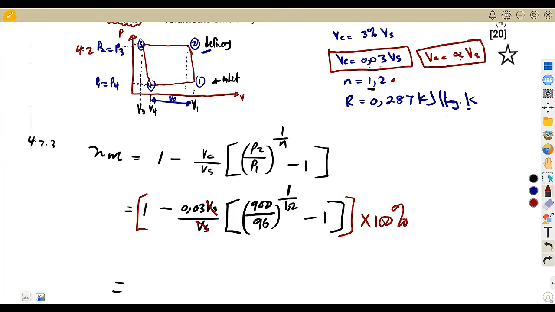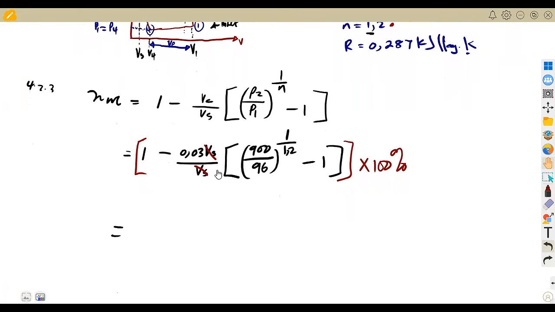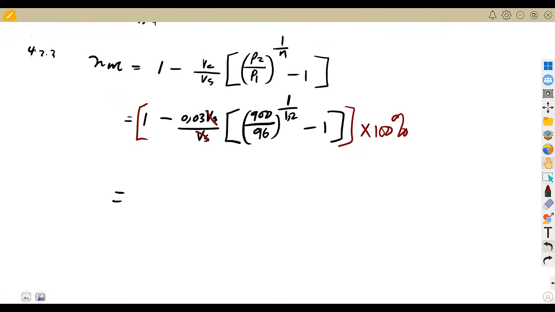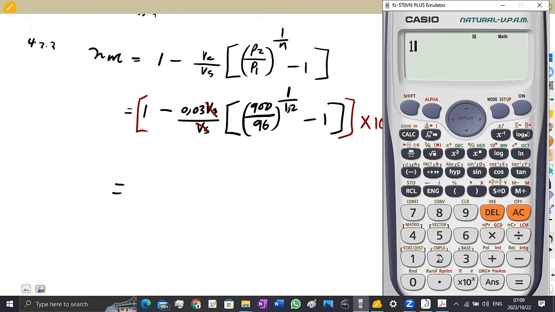So just use your calculator as it is on this display. I'm going to use the calculator here. This is what I'm trying to say. On our calculator, let us have 1 minus 0.03, open the bracket, then open another bracket for 900 over 96, raised to the exponent of 1 over 1.2.